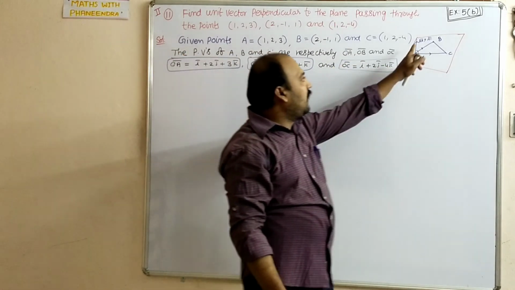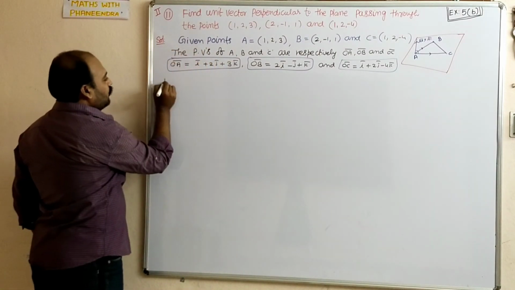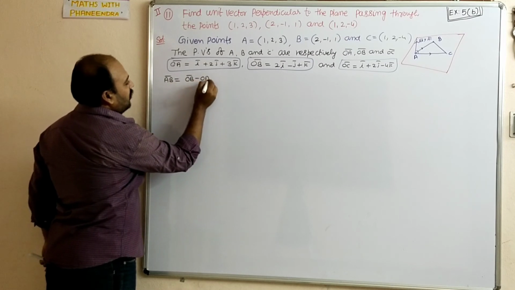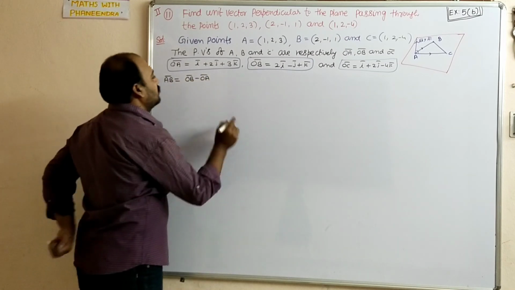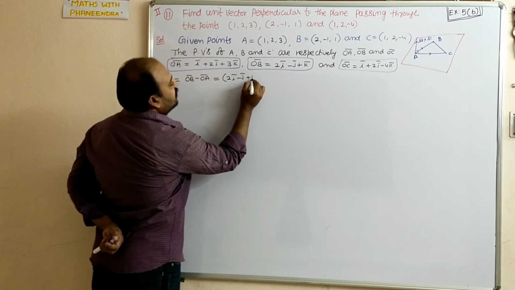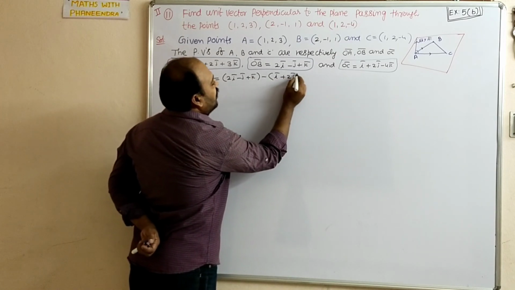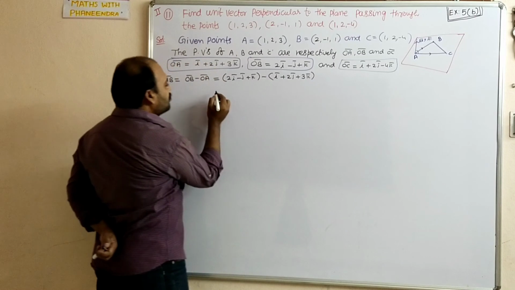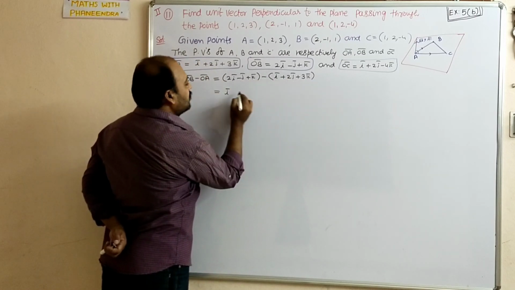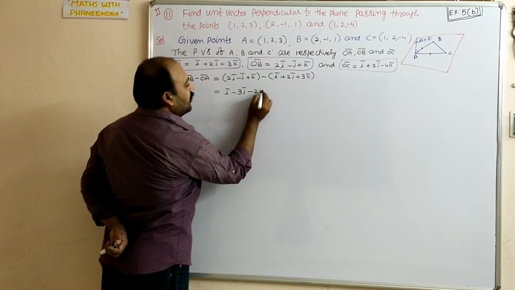Now we are going to calculate AB bar and AC bar. AB bar means OB bar minus OA bar, by using the triangle law of vectors. OB bar, 2i minus j plus k, minus OA bar, i plus 2j plus 3k. Subtracting: 2i minus i is i, minus j minus 2j is minus 3j, k minus 3k is minus 2k.